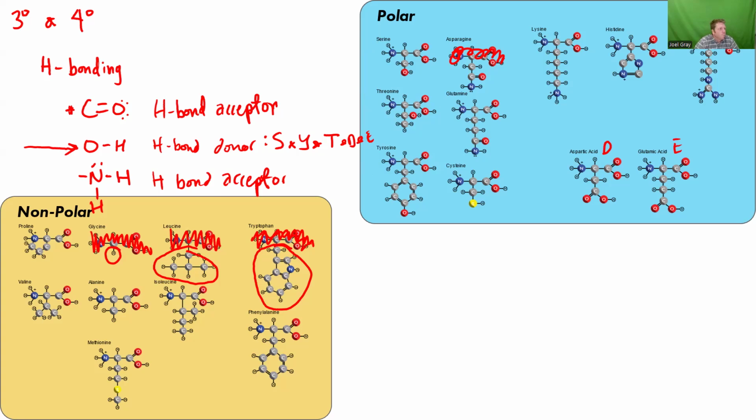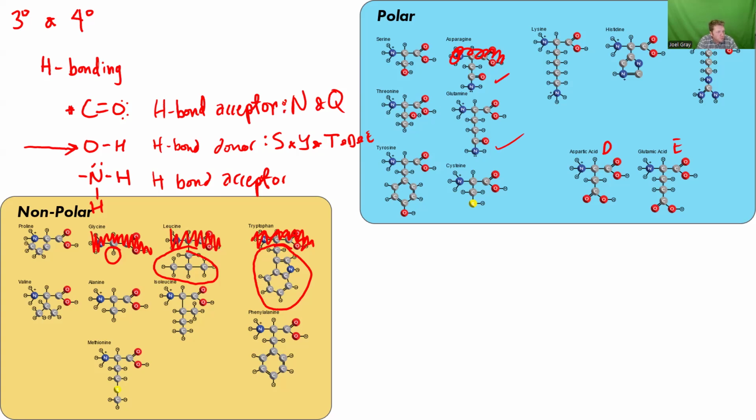Now, what about a hydrogen bond acceptor? Well, one that would be a good acceptor is going to have a carbonyl oxygen, which asparagine and glutamine both have. So that would be N for asparagine and Q for glutamine. Those are good candidates.